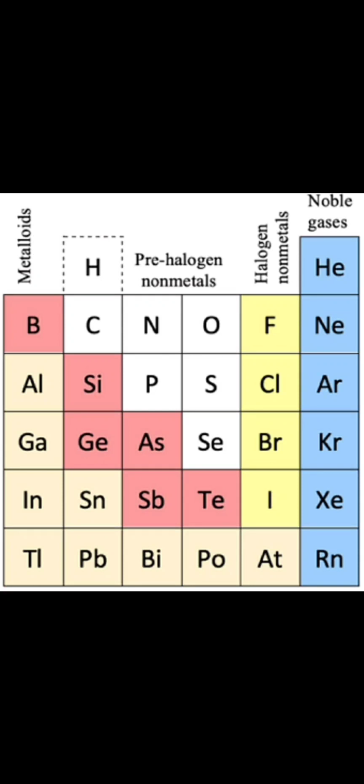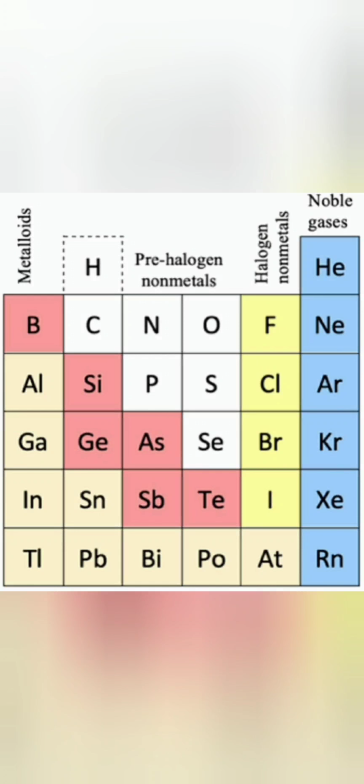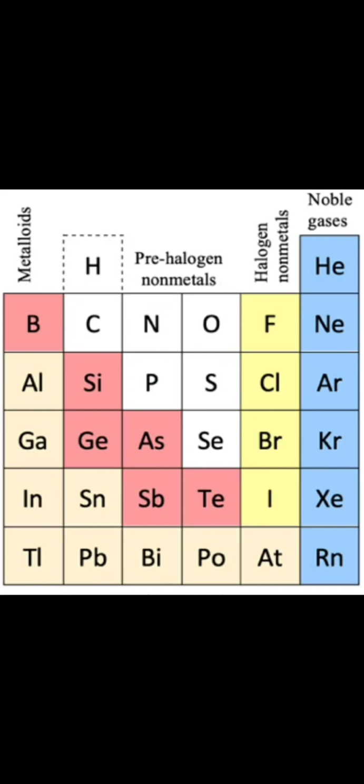So boron is also considered metalloid, but more of it is a non-metal. Boron is a non-metal. Silicon, germanium, arsenic, antimony and tellurium are metalloids. Above these metalloids are non-metals, and the ones below these metalloids are considered to be metals. So in case of p block elements, you can see metalloids, metals as well as non-metals.